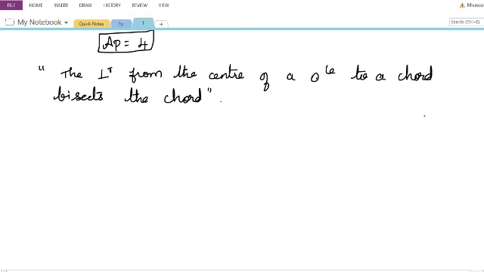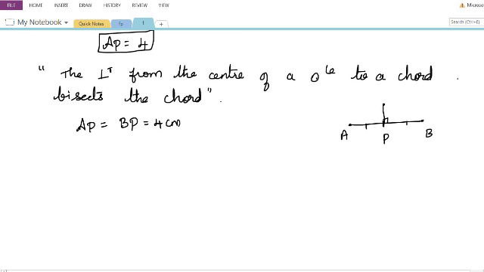So here we have written, actually this is our chord, right? Here AB is the chord and from the center O, this is the perpendicular. So these two parts will be equal. That is AP equals BP. Already we have found the AP value as 4, so both are equal to 4 centimeter.